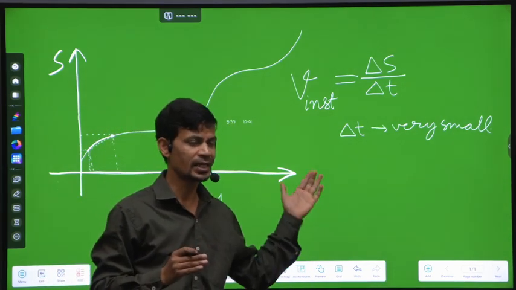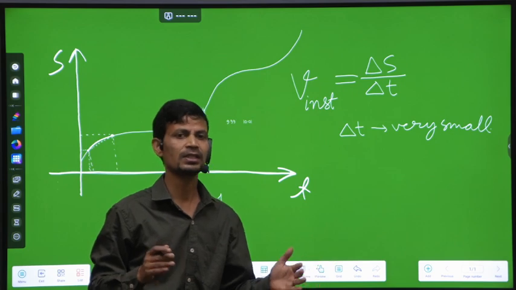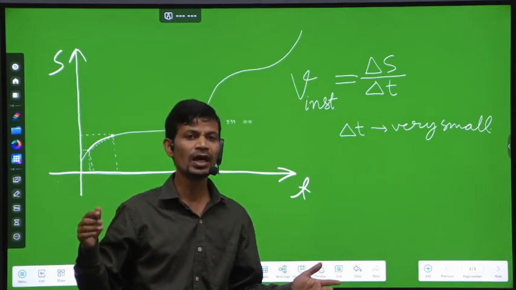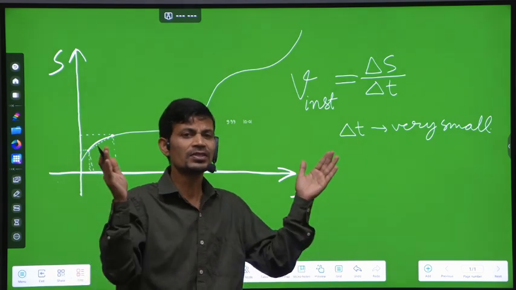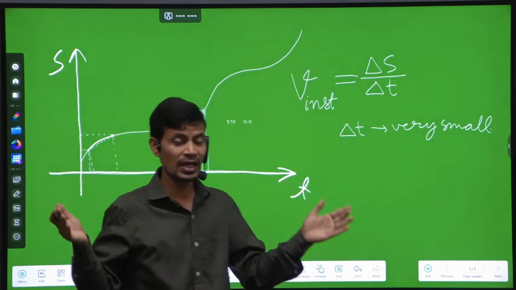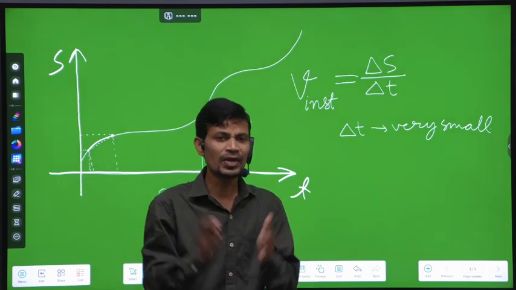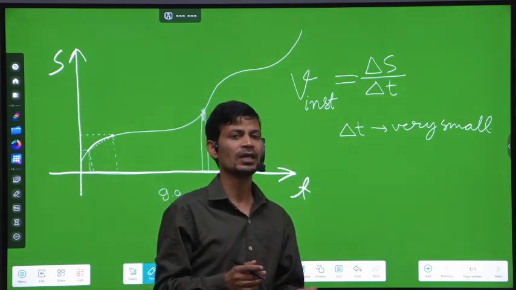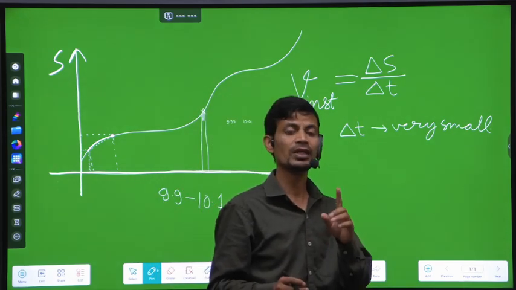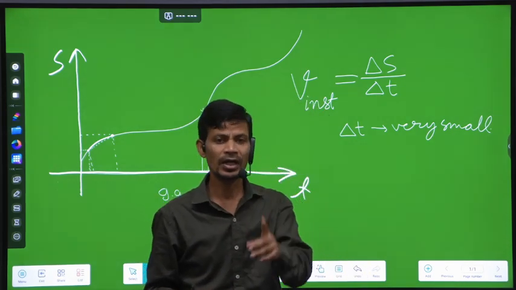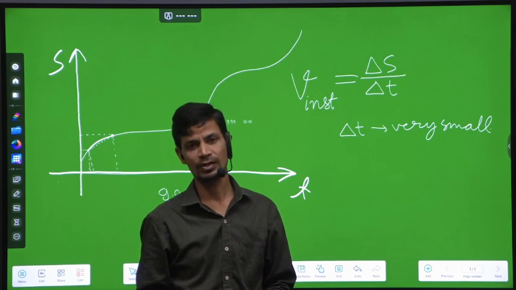If that time interval delta t is quite large, then we are measuring average velocity. If it is very small, then instantaneous velocity. And if it is vanishingly small, then we are measuring the correct value of instantaneous velocity.